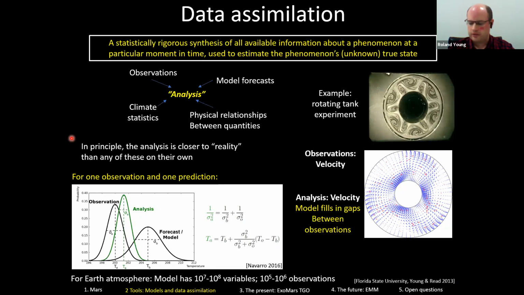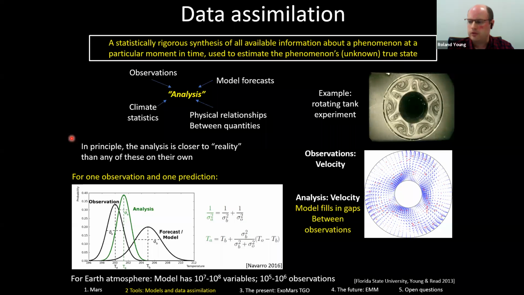The second powerful aspect of this technique is that we can use it to recover quantities that are not observed at all. I mentioned the wind speed on Mars. Wind is almost not observed on Mars. It's very difficult to observe, but we can observe other quantities, and we understand the physical relationships between different quantities like pressure, temperature and wind speed under certain conditions.